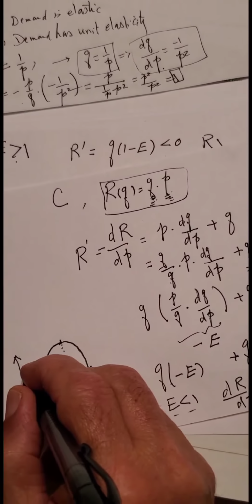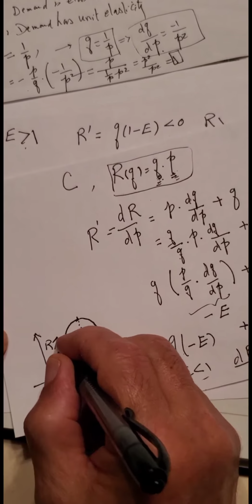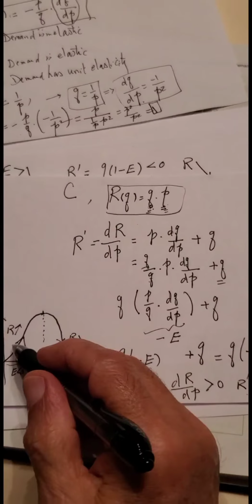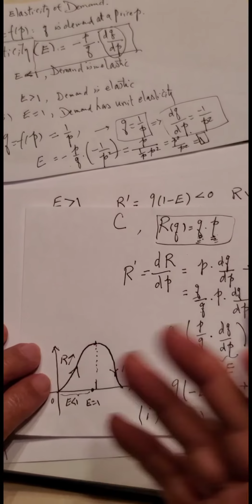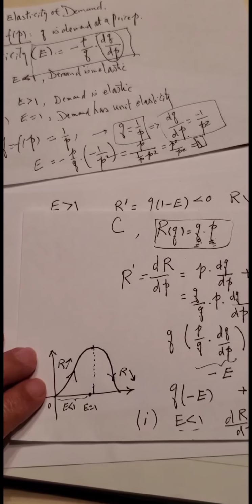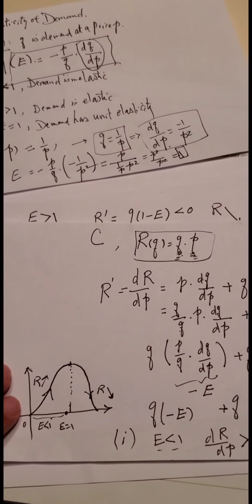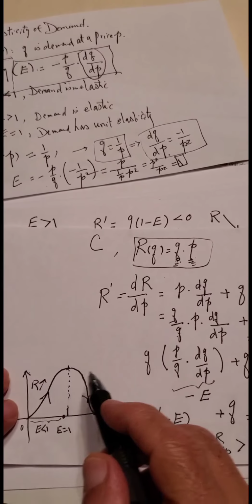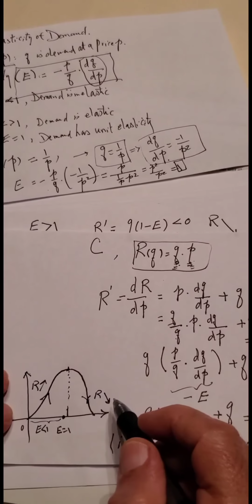Therefore, from here to here, your function is decreasing. So here R is increasing, here R is decreasing. When R prime is positive, when R prime is negative. First derivative positive, we have seen in the case of increasing and decreasing for a function: first derivative positive, function is increasing; first derivative is negative, function is decreasing.